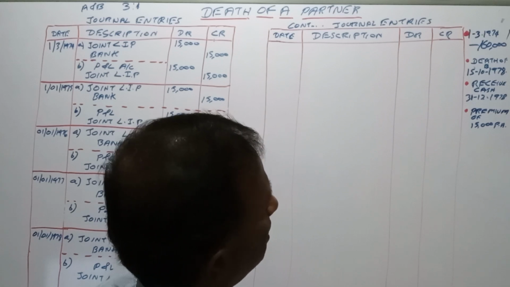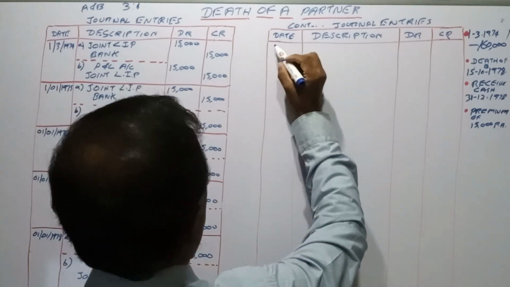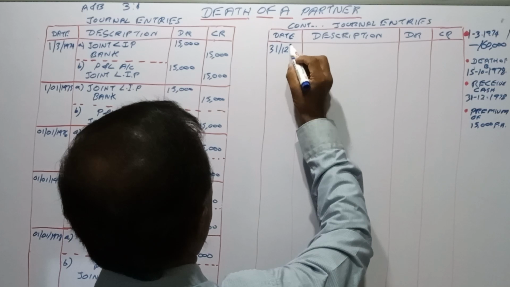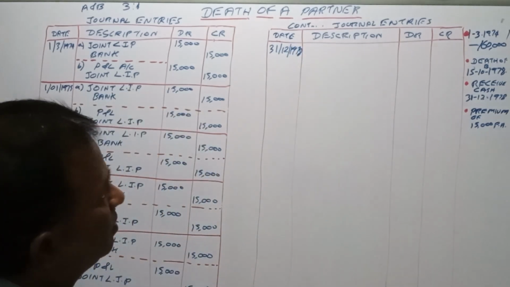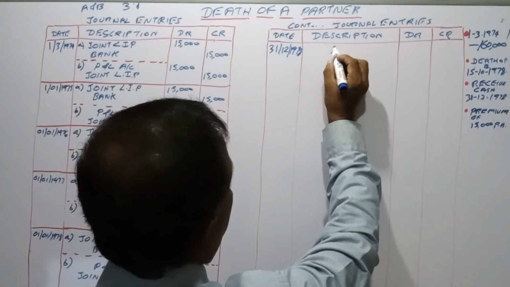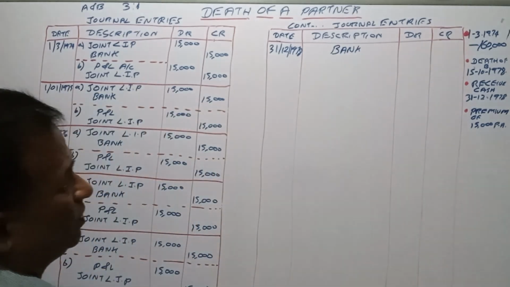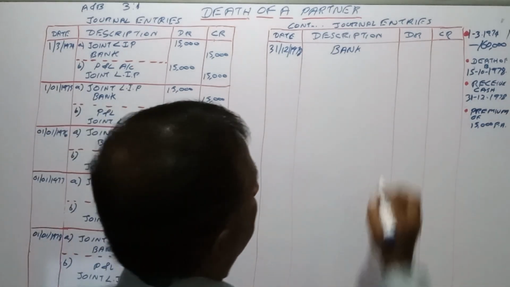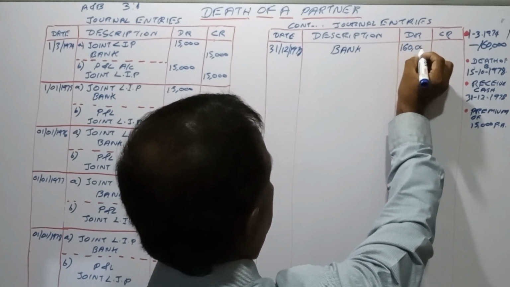Now on 31st of December 1978, bank account debit, we have received the life insurance. The whole policy amount of 160,000 we are receiving.